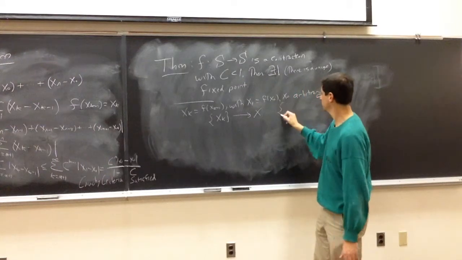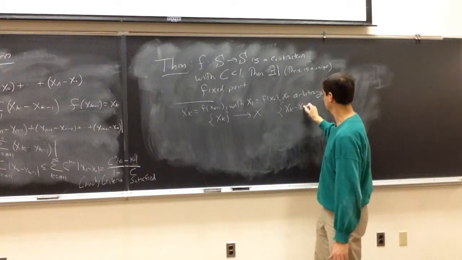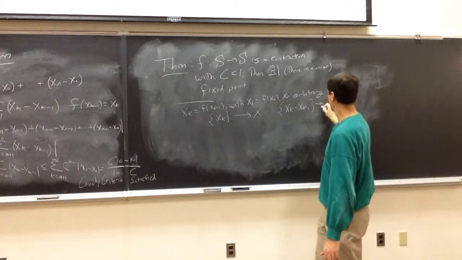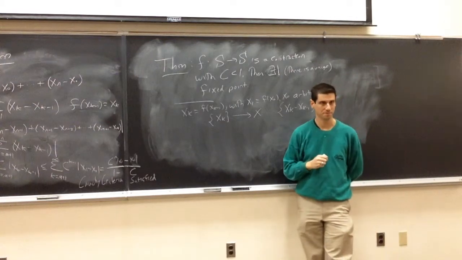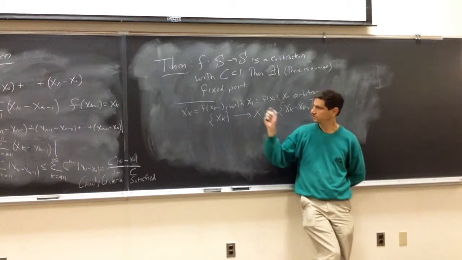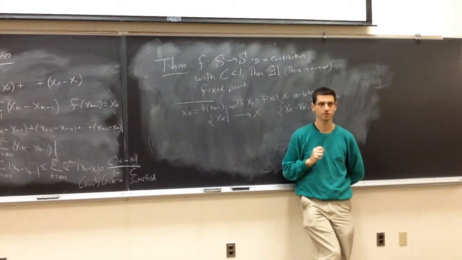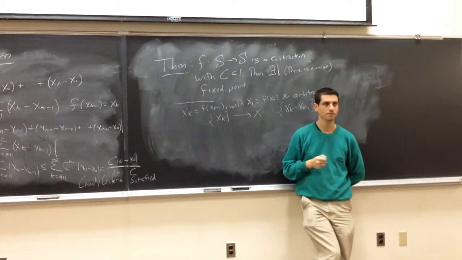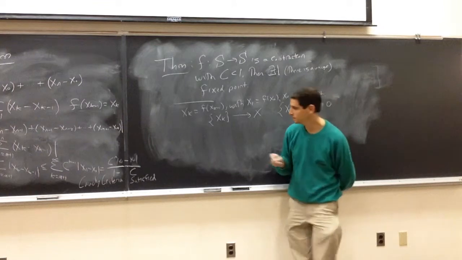The sequence x_k minus x_{k-1} converges to 0. So these different sums will converge. What do you think it converges to? A fixed point. Converges to a fixed point.